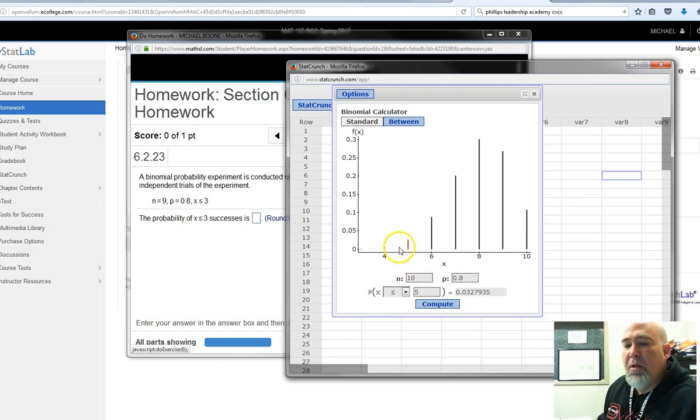When I hit this, it's going to give me the probability of certain things. The probability that I make 5 of my free throws, if I am an 80% free throw shooter, is about 2.5% of the time, 2.6%.